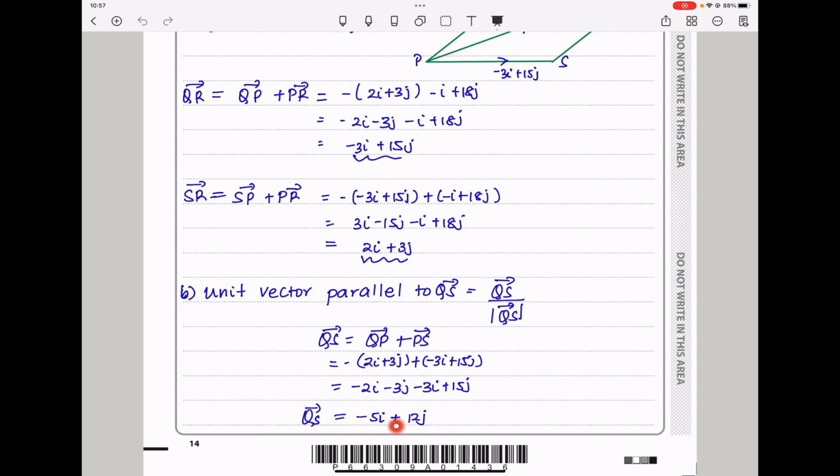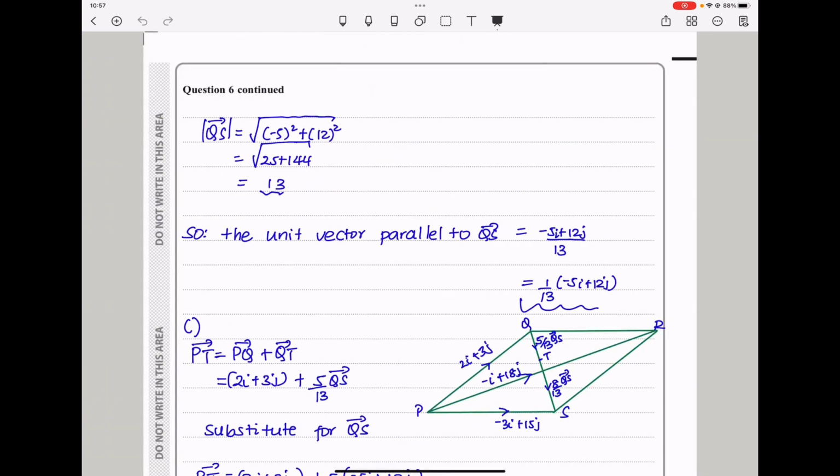This is vector QS. And then to find the magnitude of vector QS, it's going to be the square root of (-5) squared plus 12 squared, which is the square root of 25 + 144, and therefore it gave me 13. So to rewrite the answer as required, the unit vector parallel to vector QS is going to be the vector QS divided by the magnitude.